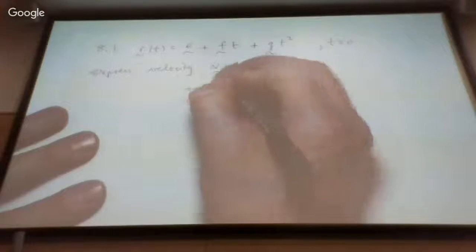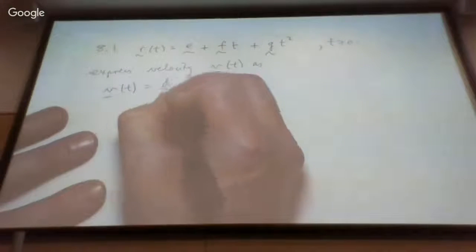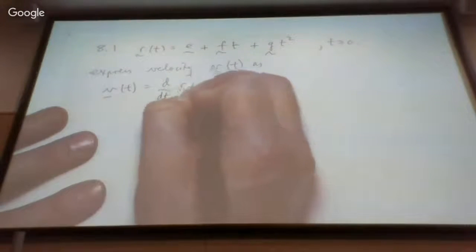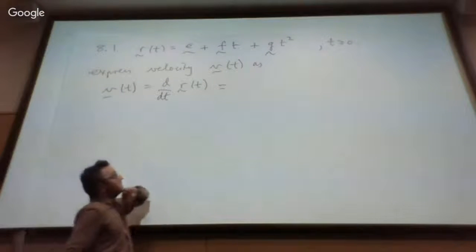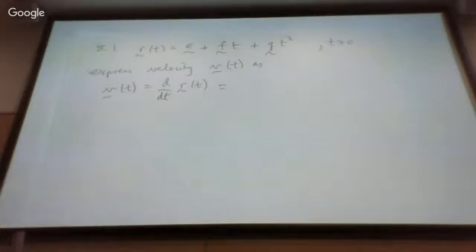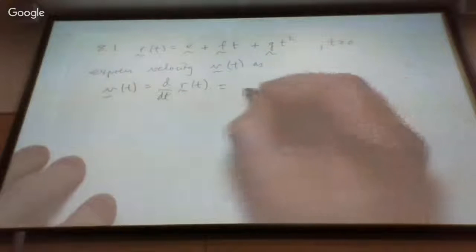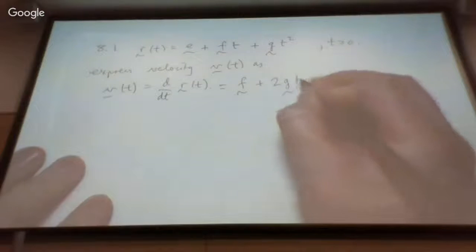The velocity vector v of t is d/dt of vector r of t. And we don't have to go down to the component level straight away. We can just differentiate this, keeping it in its vector form, because the vector f and the vector g are constant vectors. They're given in the question. So we can just differentiate it there, and it will give f plus 2g times t.